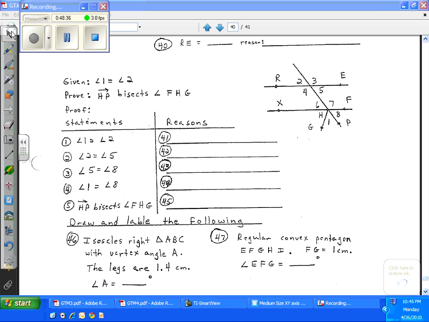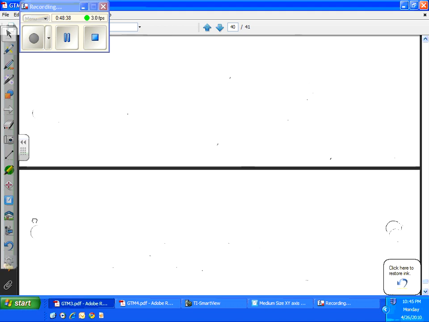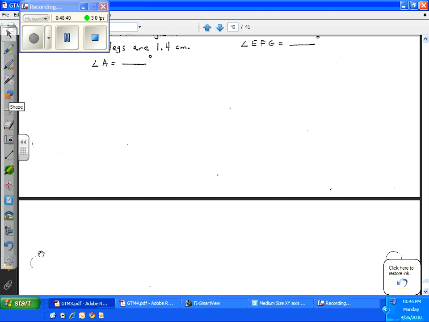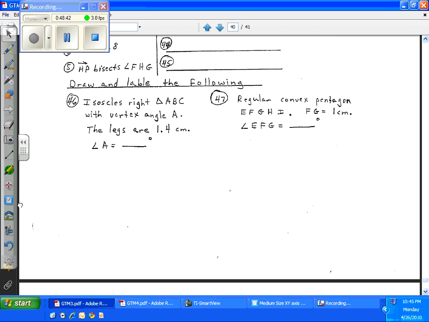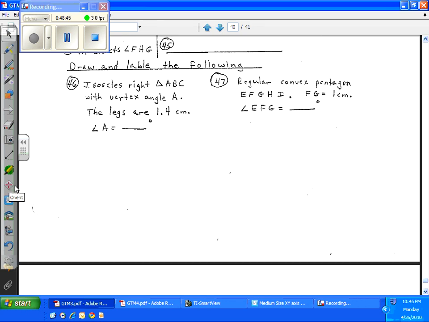Draw and label the example accurately. I'm not going to pull in drawing devices, but I will try to show you how you would get this done. You want an isosceles right triangle ABC with vertex angle at A, and the legs are 1.4 centimeters.